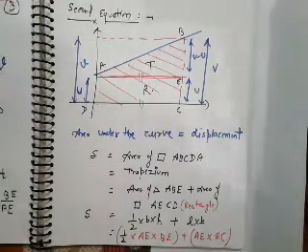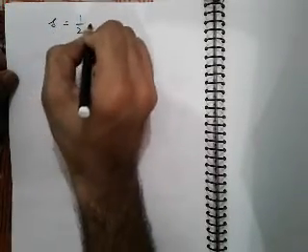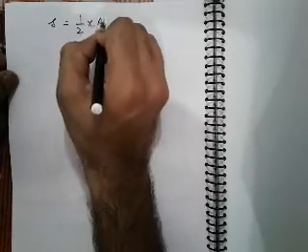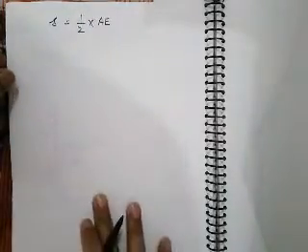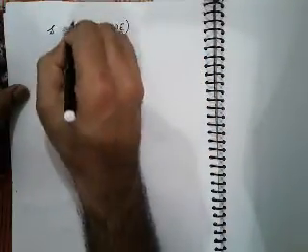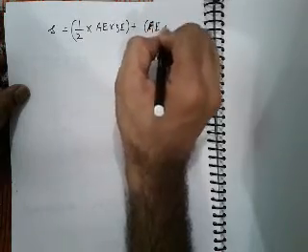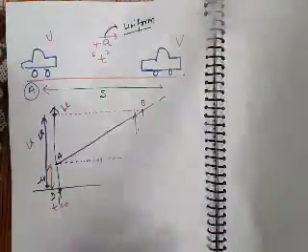So I'm going on the next page. Okay. So what we got, displacement is equal to 1 by 2 into AE into BE plus AE into EC.